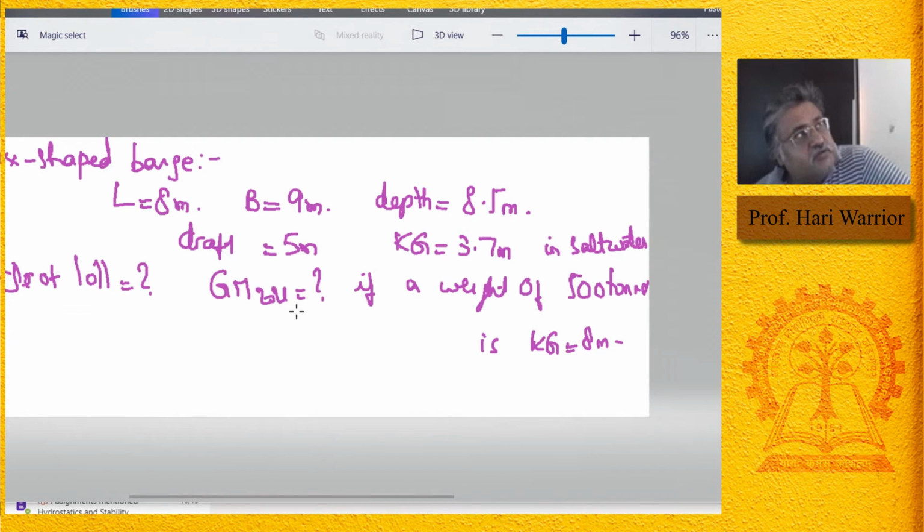So initial KG, you know, initial weight, you know. Good. So 4.21 meter is right. So that will give you the final KG of the vessel. So that is over.